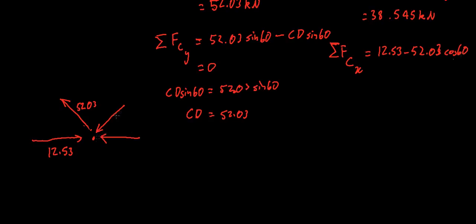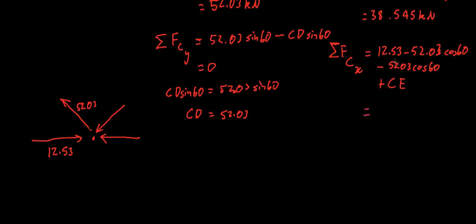Then we have this part here, so minus CD, so again 52.03 cos 60 plus, or minus anyway, plus this last bit, which is CE.